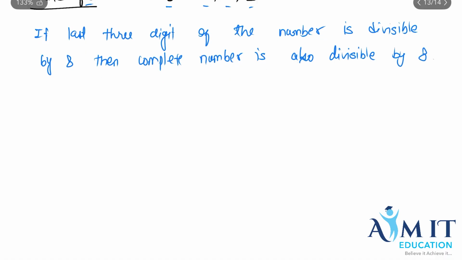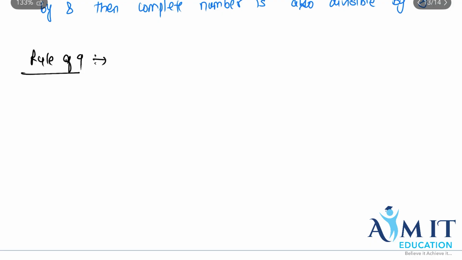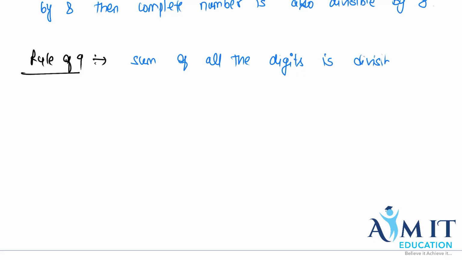Now we have rule of 9. For 9, we just have to do the same as 3. Like sum of all the digits is divisible by, अब 3 के केस में 3 से डिविजिबल था और 9 के केस में किससे डिविजिबल होगा? 9 से.